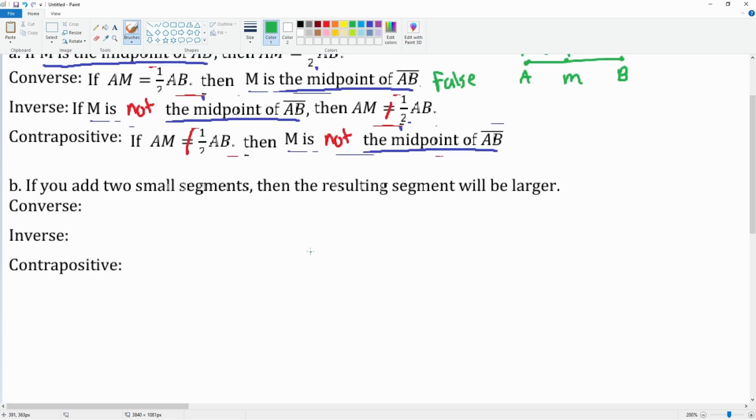Next, if you add two solid segments, then the resulting segment would be bigger.